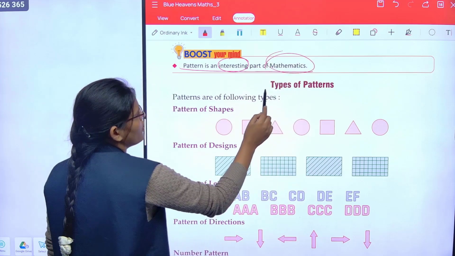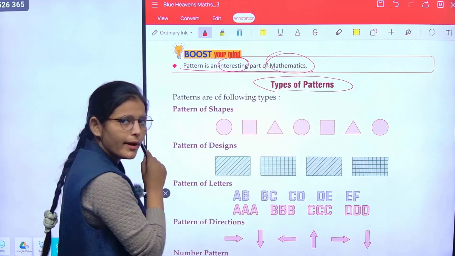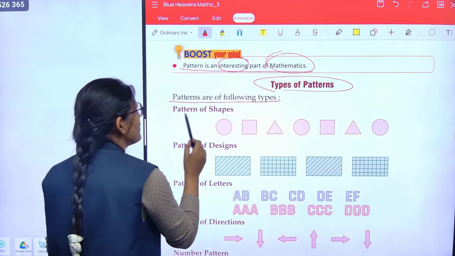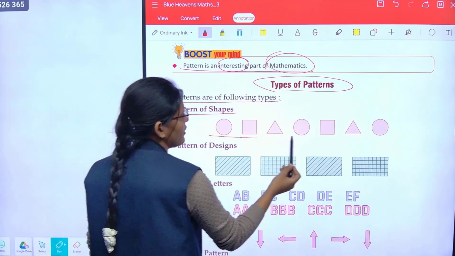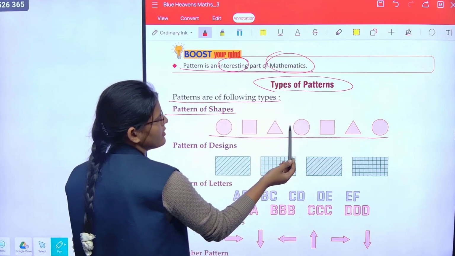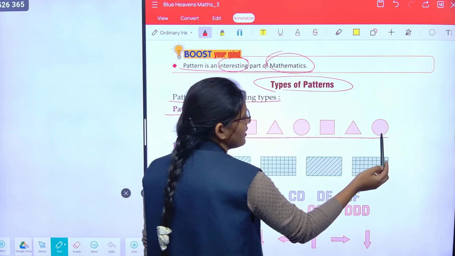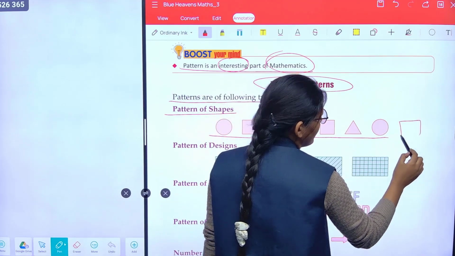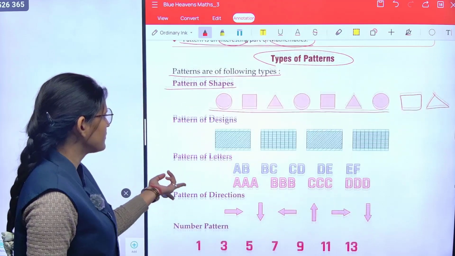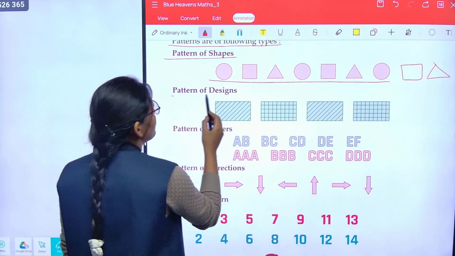Now types of patterns. Patterns are of the following types. Patterns of shape: circle, square, triangle, circle, square, triangle, circle, square and triangle. Now patterns of design.